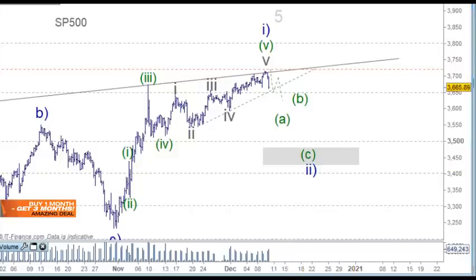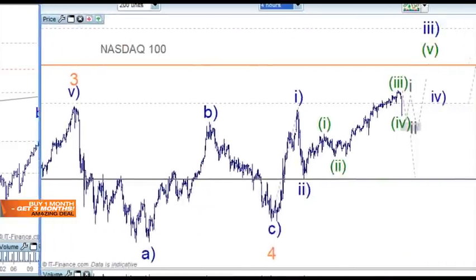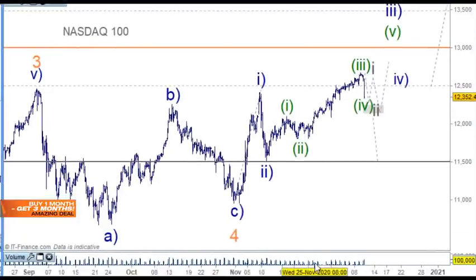But it is hard for me to see that because it makes counting the Nasdaq really quite difficult at this point, counting all of this here. Now I can revert back to our triangle pattern that we had before, where we're looking at this here as an ABC for the A wave and an ABC for the B wave here, and then coming all the way down for a C wave over here.